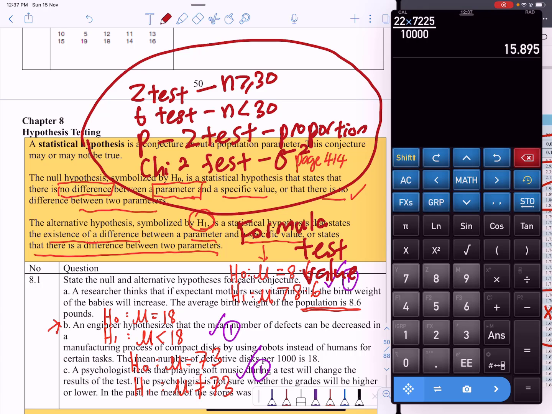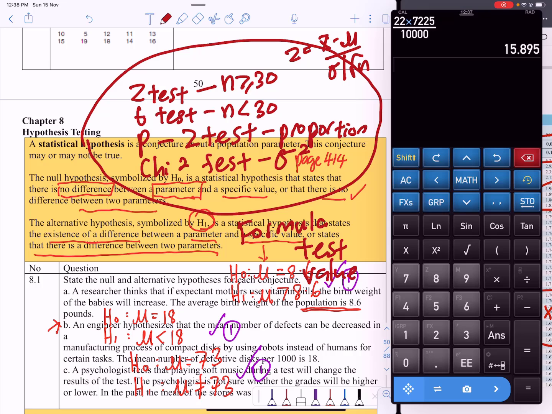For Z test ni kita ada formula dia lah tu kan. Contohnya Z equals X minus dengan min divide by square root N. Okay, kemudian T test lebih kurang lah. Kemudian P ni pun sama juga, dia ada formula dia.